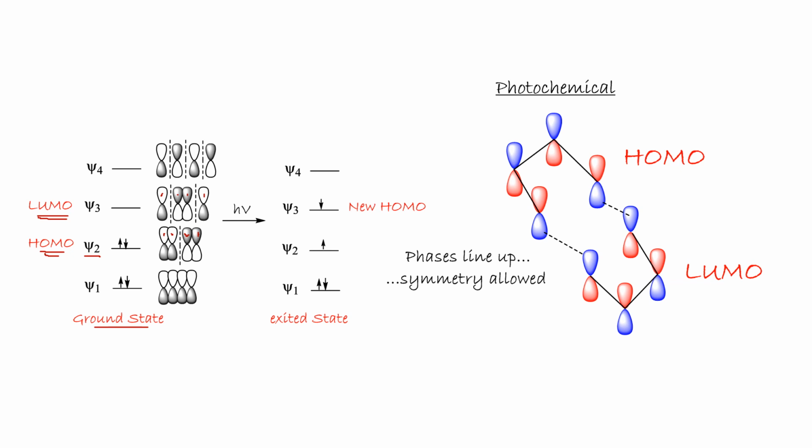Now if we irradiate this molecule with UV light, we take one of these electrons in the HOMO and transfer it to Psi 3. Now Psi 3 becomes a new HOMO.